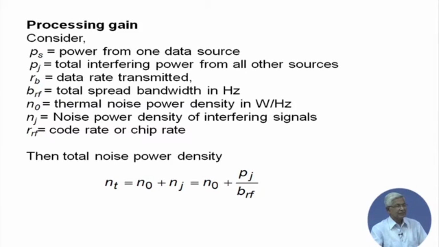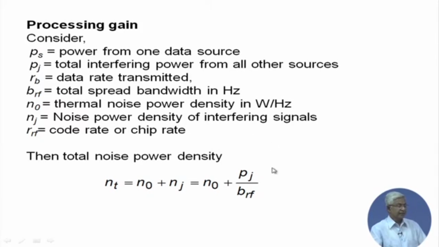So, at different frequencies power will go and it will switch at the code rate or chip rate. So, that is frequency hopping, and in case of direct sequence, the sequence is going as I explained.